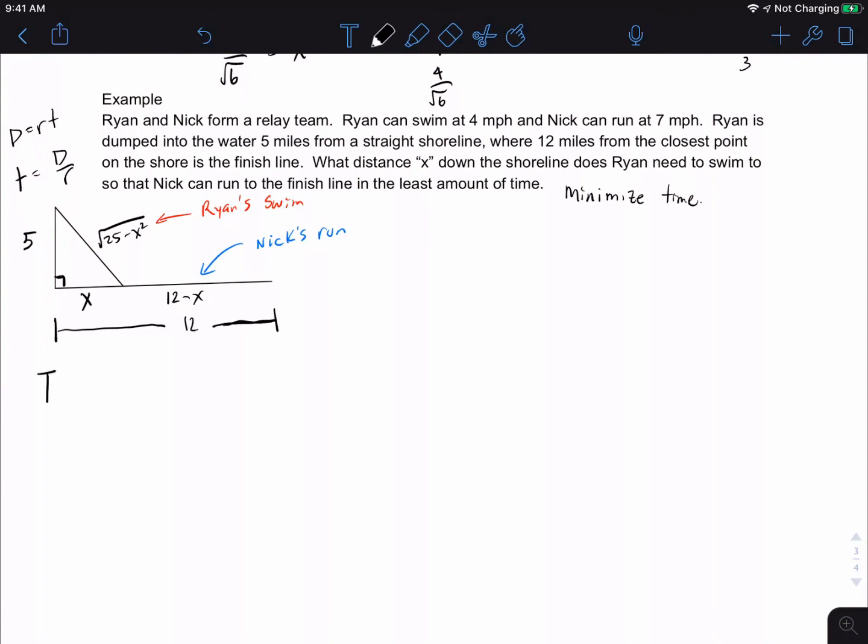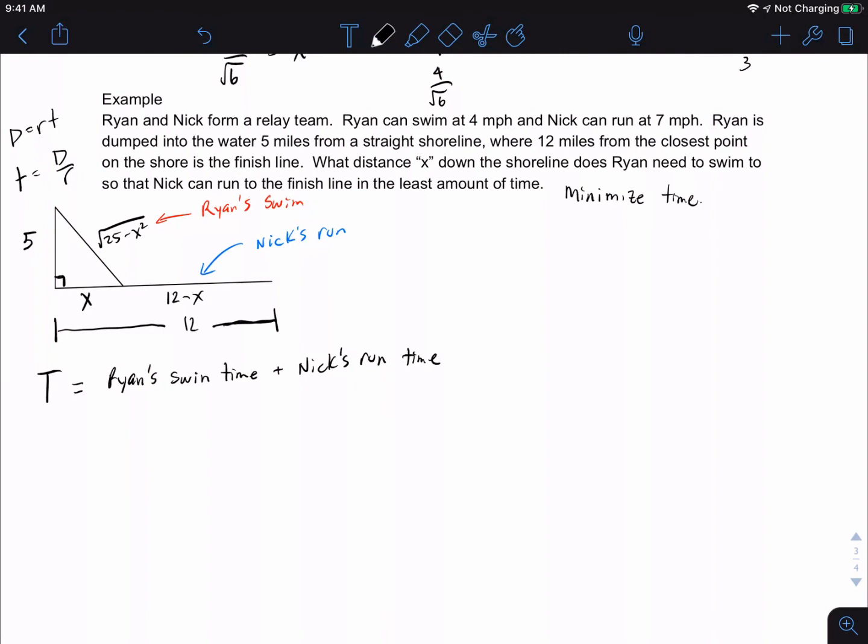So we're going to have time is equal to Ryan's swim time plus Nick's run time. Does that make sense? We want that to be the shortest thing possible.